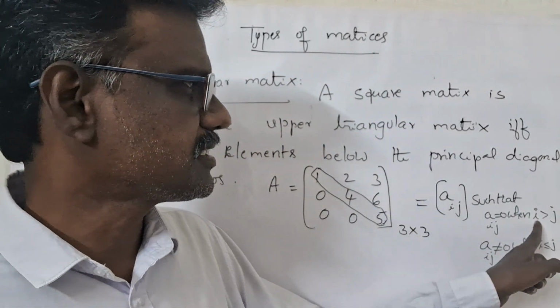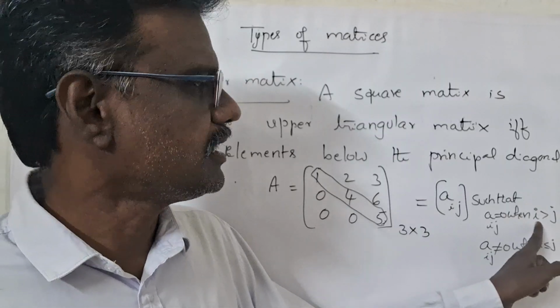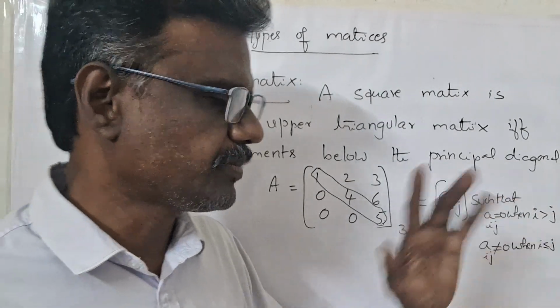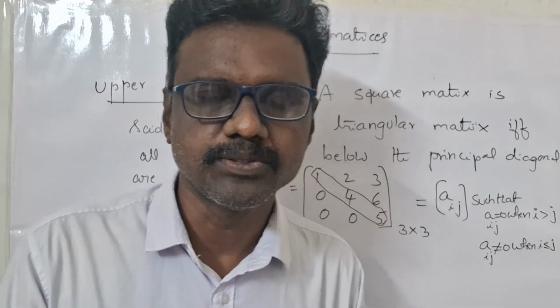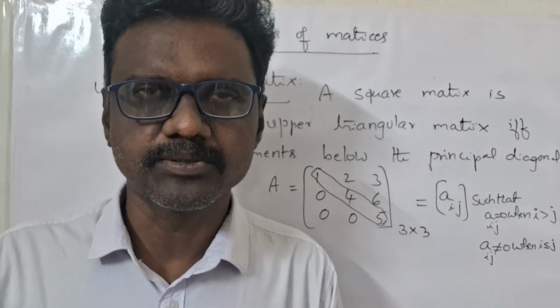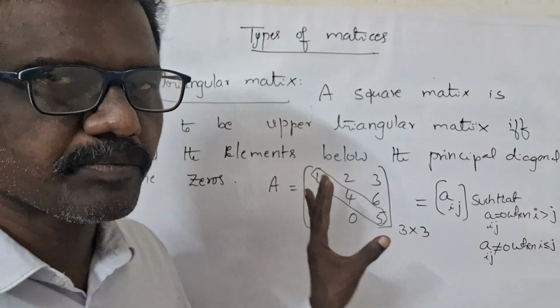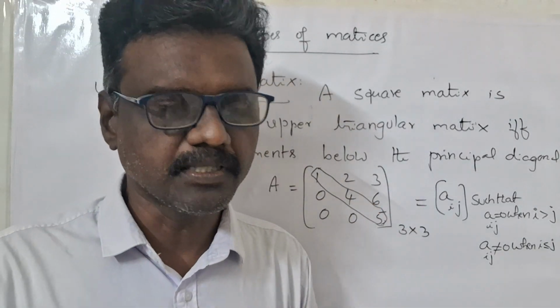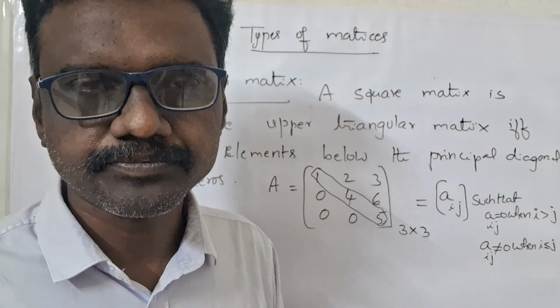Here it changes: all elements will be zeros where i is less than j. Remaining elements are generally non-zeros. Sometimes 1 or 2 elements can be zeros also. But in general, the triangular matrix appearance will be like this. Okay, now next.